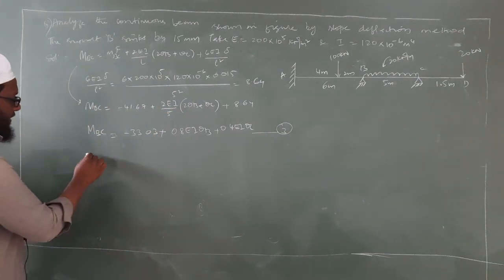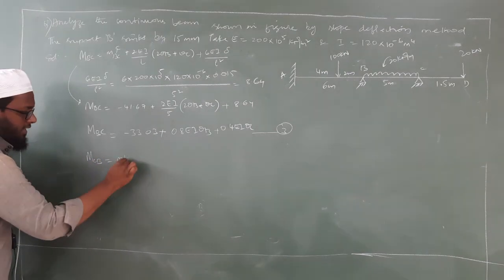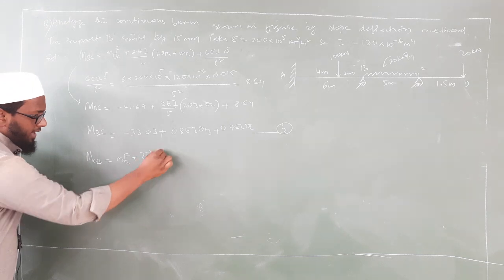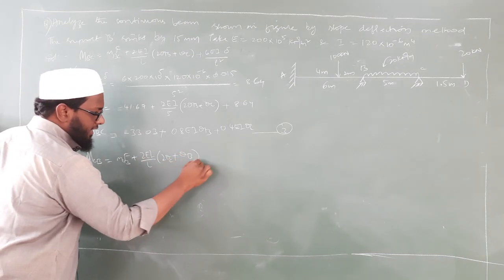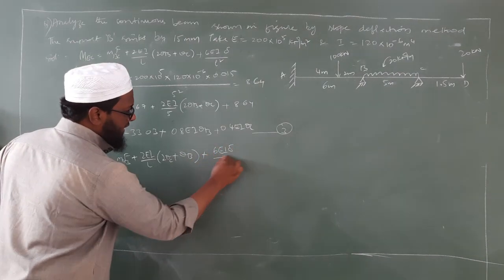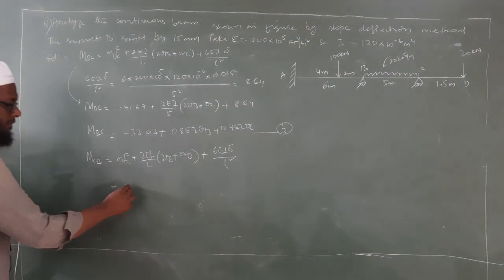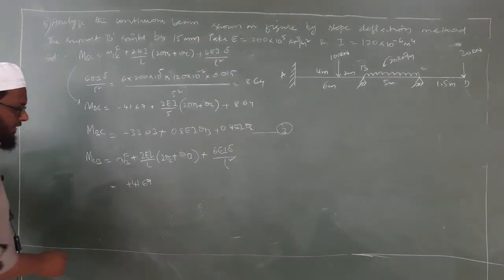Now we'll move to the next equation, that is MCB. This is equal to MFCB plus 2 EI by L into 2 theta C plus theta B plus 6 EI delta by L square. So what is MFCB we have? Plus 41.67, isn't it? Yes.